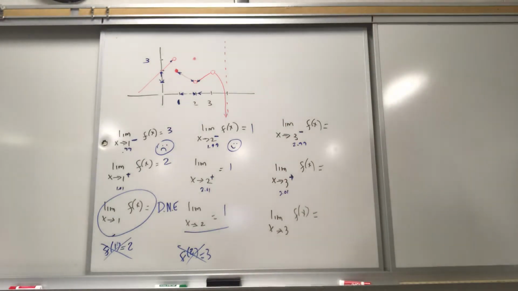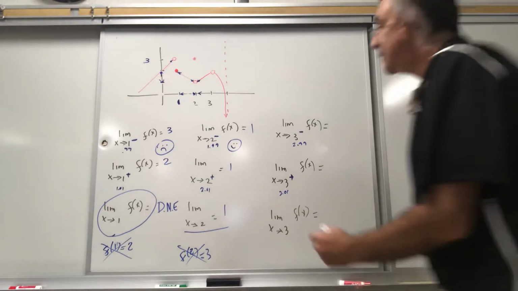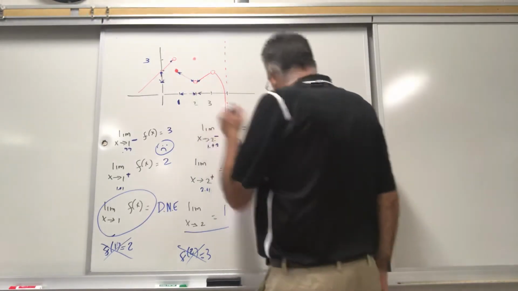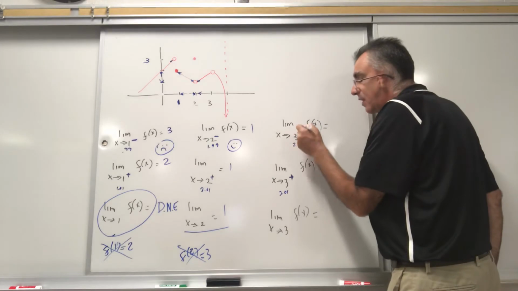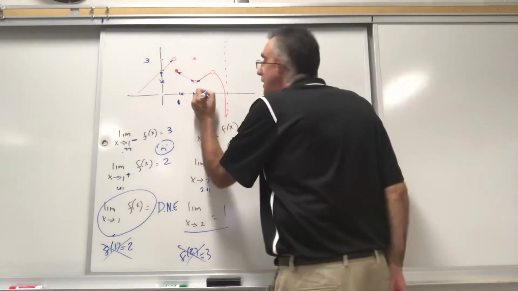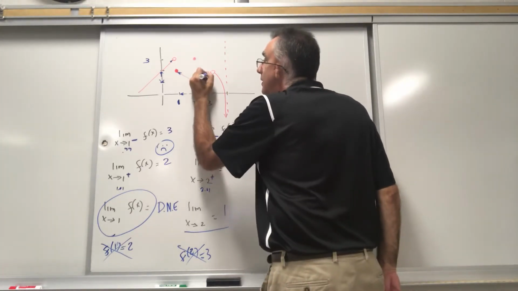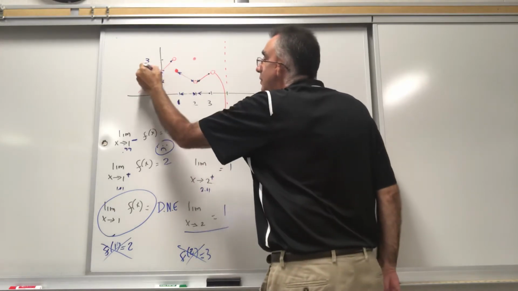Okay, how about 3? So if I get really close to the number, remember from the left is like numbers like 2.99, I go up here, and you can see I'm getting really close to 2.